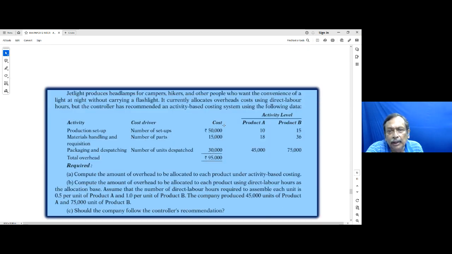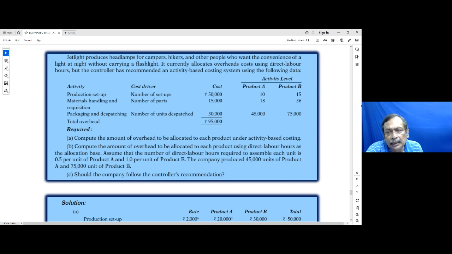Now we are coming to our next question. Just look into the question, then let me discuss the question, then let me come to the solution. Remember, activity-based costing is such a chapter from which you will definitely have one question, and also you will have MCQs.